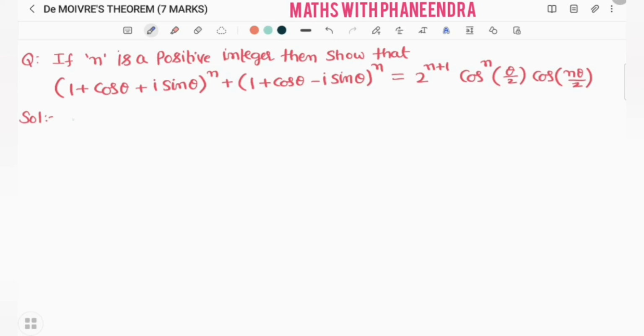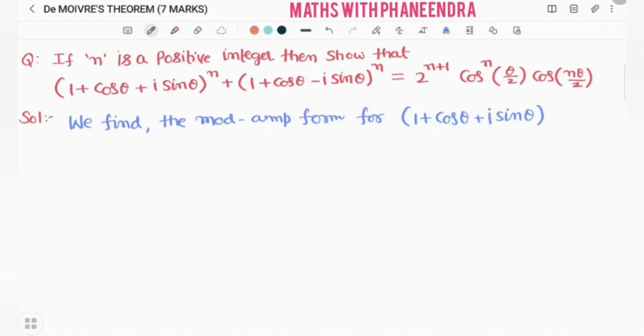Now we find the modulus amplitude form for 1 plus cos theta plus i sin theta. For this term, we need to write the modulus amplitude form.